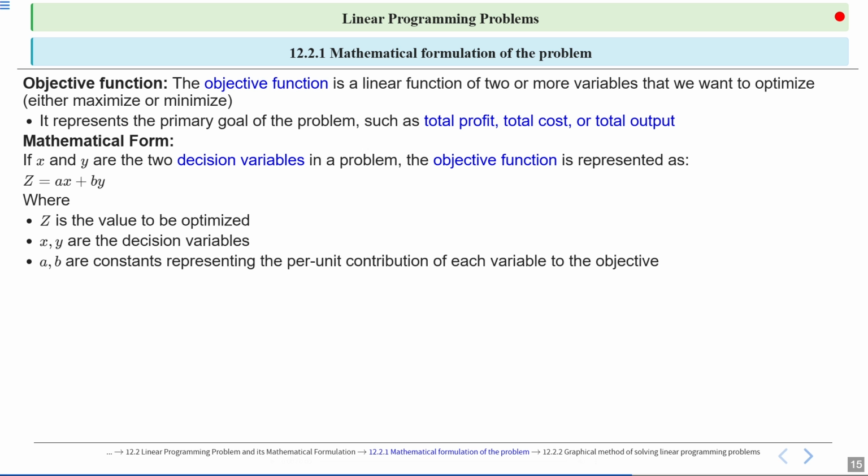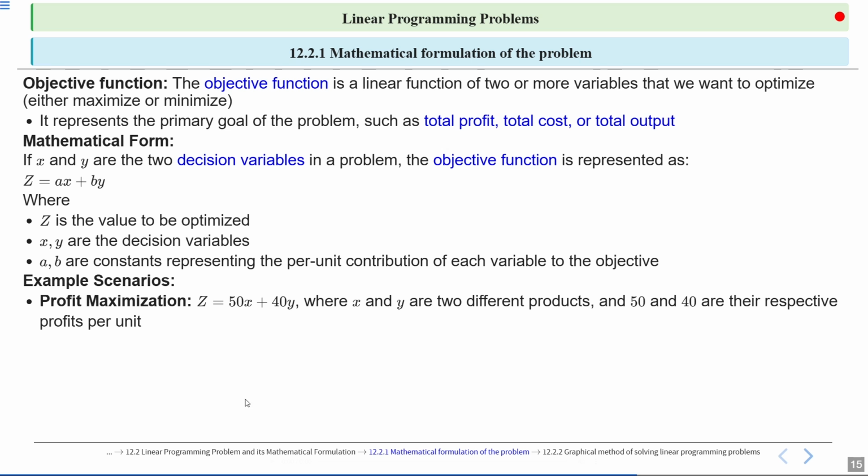In linear programming, we aim to optimize z. That means we want to either maximize or minimize it. So z is the value to be optimized, and x, y are the decision variables. A and b are the constants representing the per unit contribution of each variable to the objective.